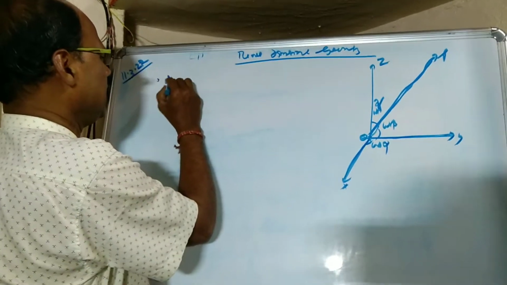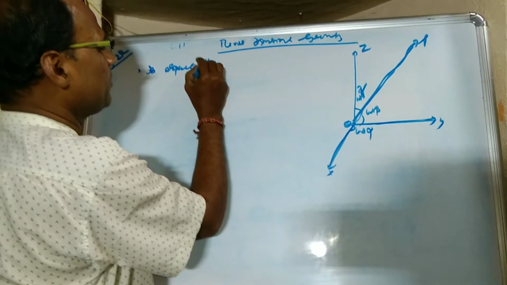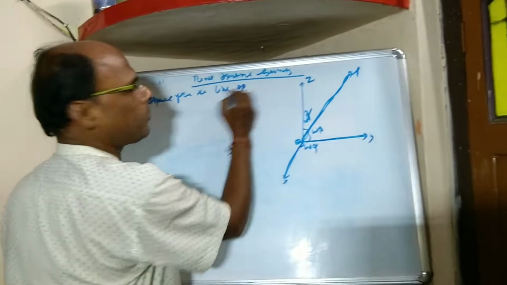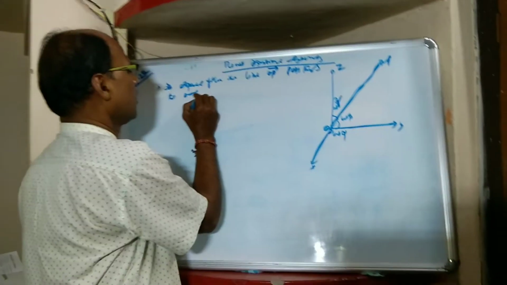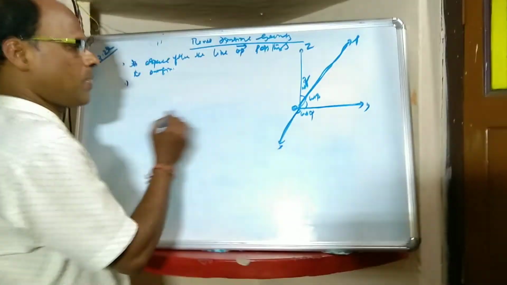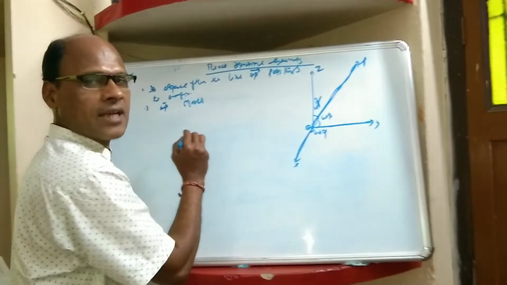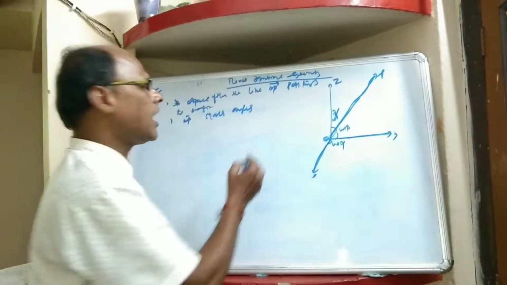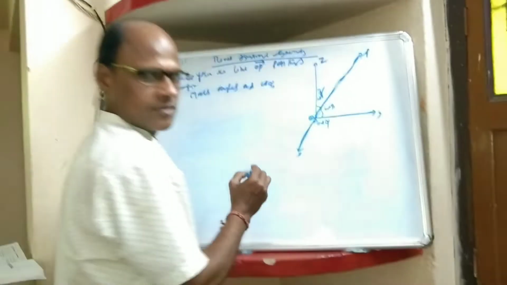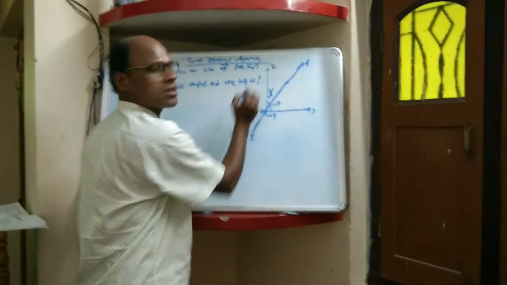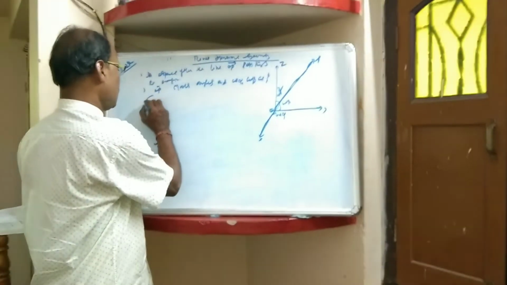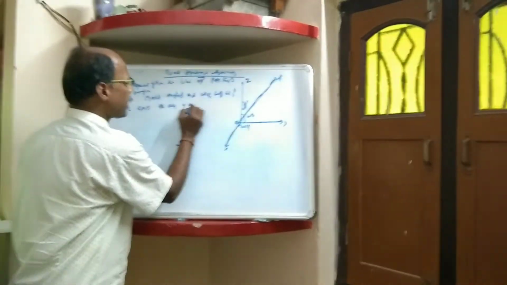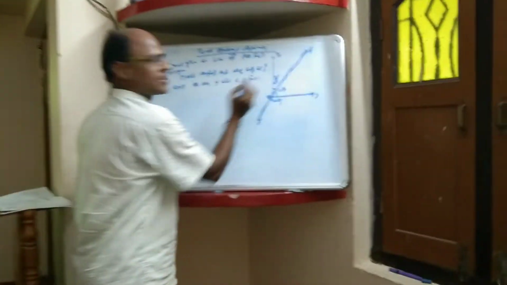Here, in a space, if the line OP passes through the origin, then OP makes angles alpha, beta and gamma with the axes, which are the x-axis, y-axis and z-axis.